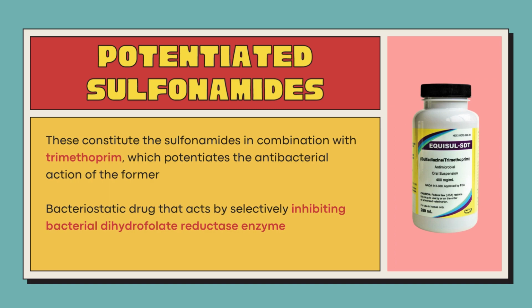It is a bacteriostatic drug and acts by selectively inhibiting bacterial dehydrofolate reductase enzyme. Its combination with sulfonamides results in potentiation of antibacterial action by sequential blockade of two steps in bacterial folate metabolism and nucleic acid synthesis.